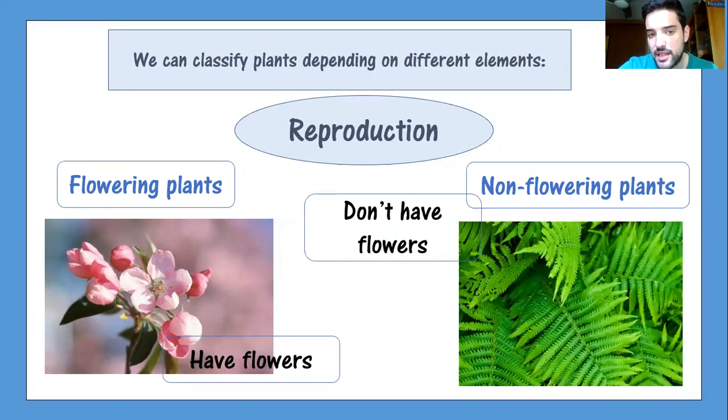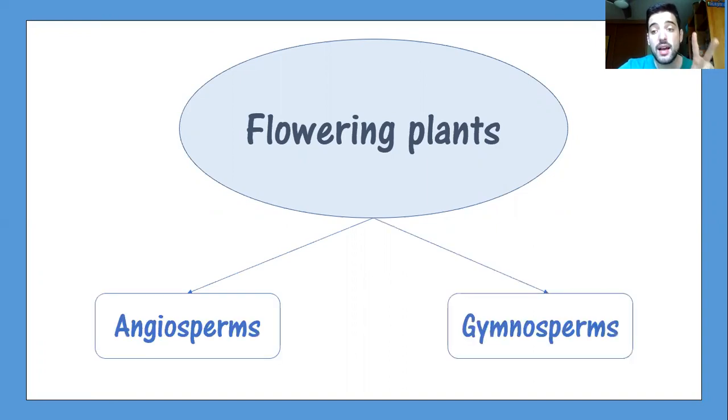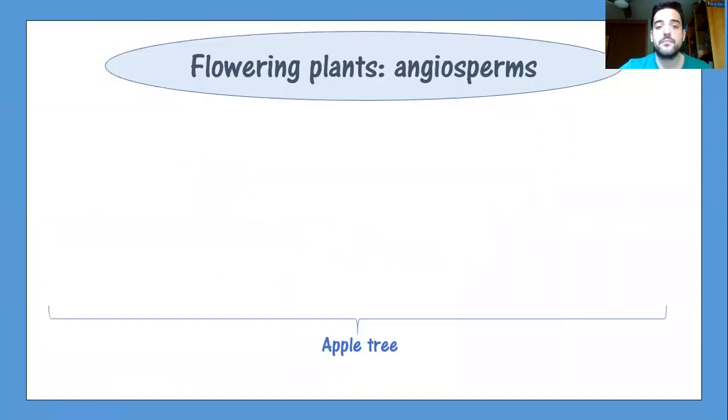This is very easy, right? Okay, we're going in detail for flowering plants, because flowering plants at the same time can be classified into two different groups, angiosperms and gymnosperms. I know these are strange words, but we have to learn them.